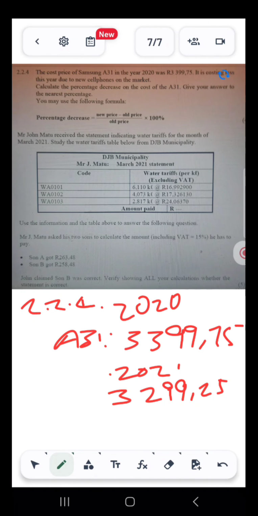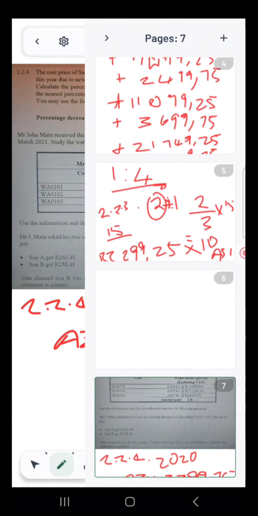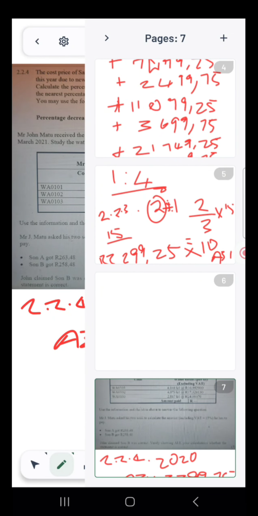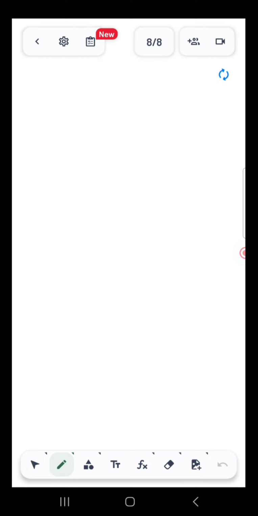Okay. So the formula is as follows. New price minus old price.